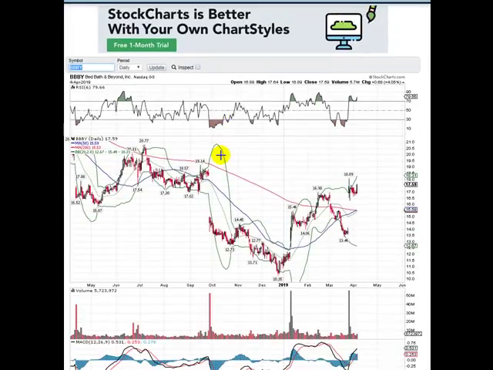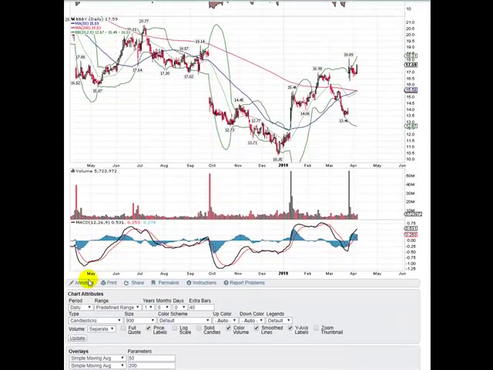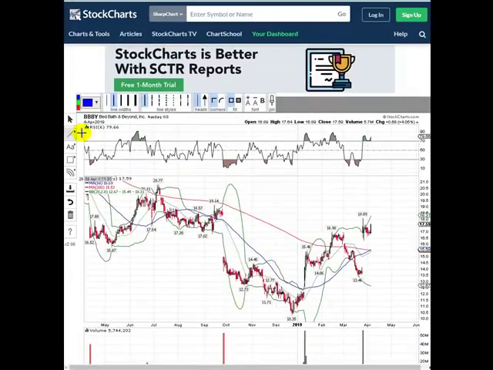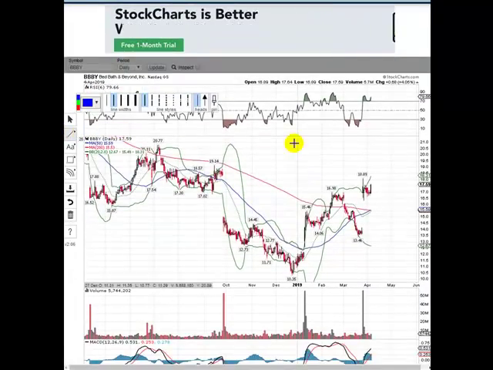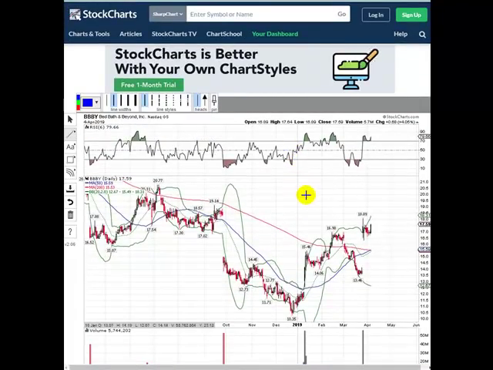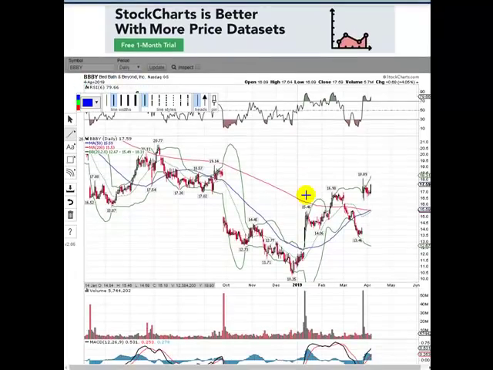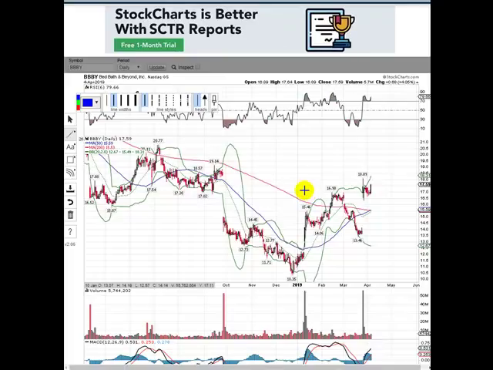BBBY has really had a couple of impressive moves over the last several months. And again, this is one that a lot of people had just written off. I'm not saying U.S. subscribers, but people in the investing world, business world, because it's in the retail space, and they believe the lie that just Amazon and Walmart are pretty much going to survive and everybody else dies.